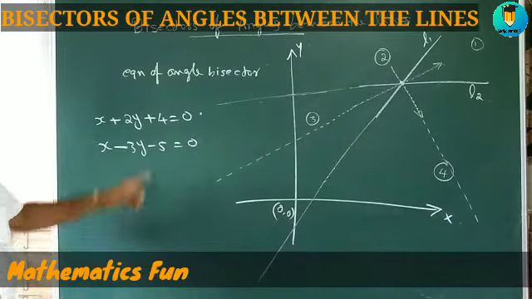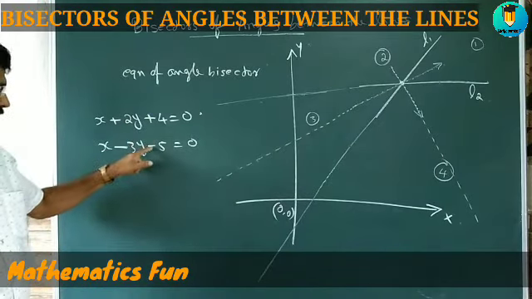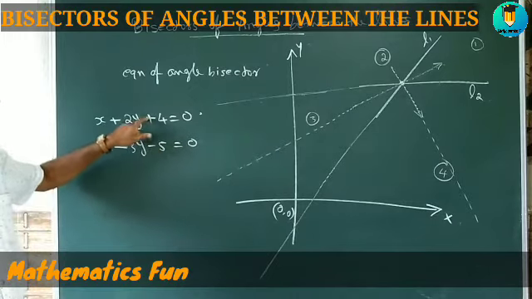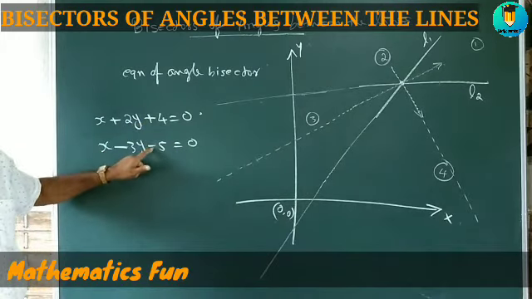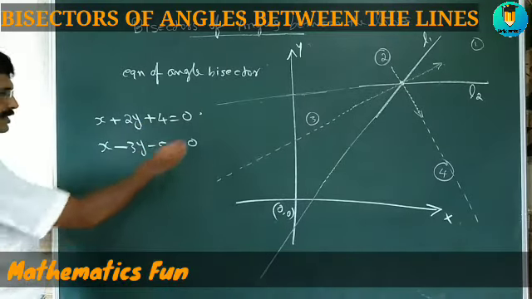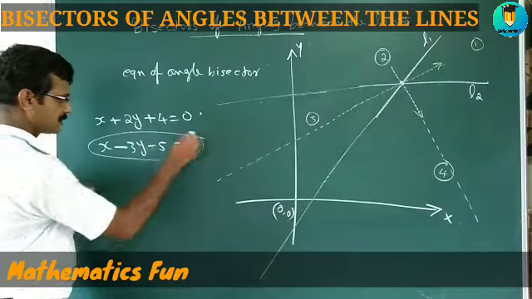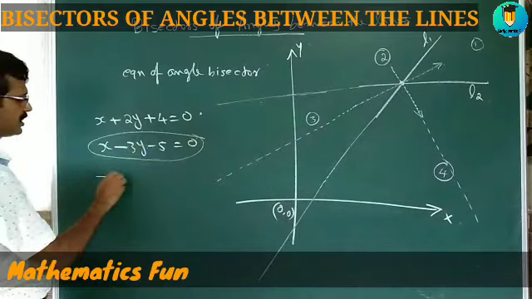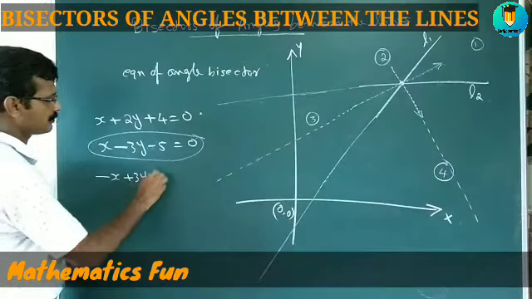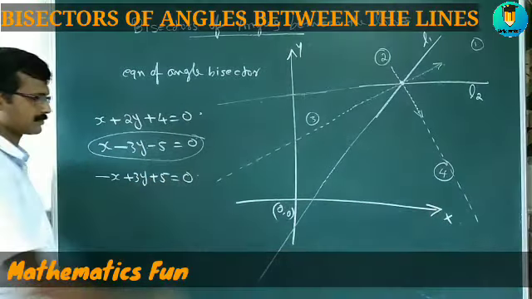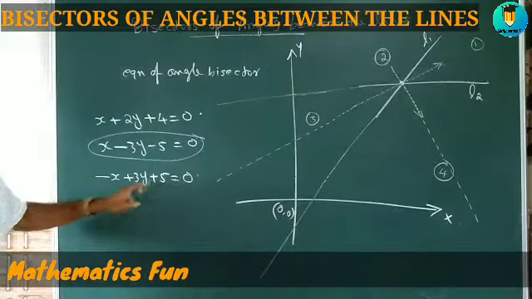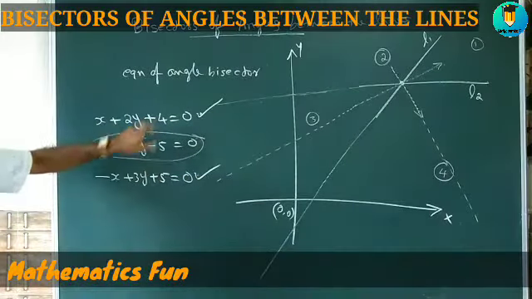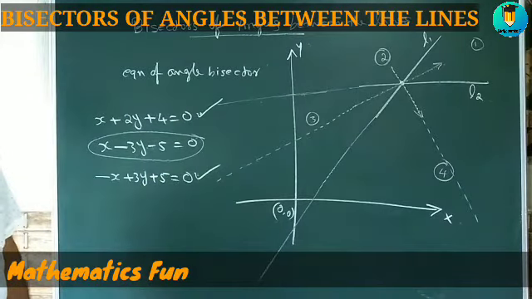What to do here: first of all, make the constant term of both lines positive. Here it is already plus, this is minus, so make it plus. Multiply throughout by minus, so minus x plus 3y plus 5 is equal to 0. So I made it plus. The first thing you have to do is make both equation constants positive.